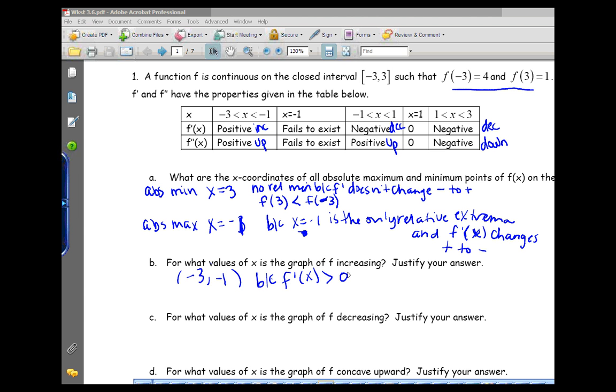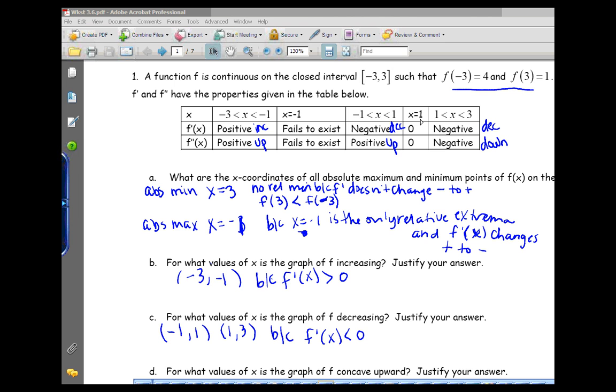All right, for what values of x is the graph of f decreasing? Okay, negative 1 to 1 and 1 to 3. Can I just say from negative 1 to 3? No. No, I can't. Very good. Now, the reasoning is because f prime of x is less than 0.